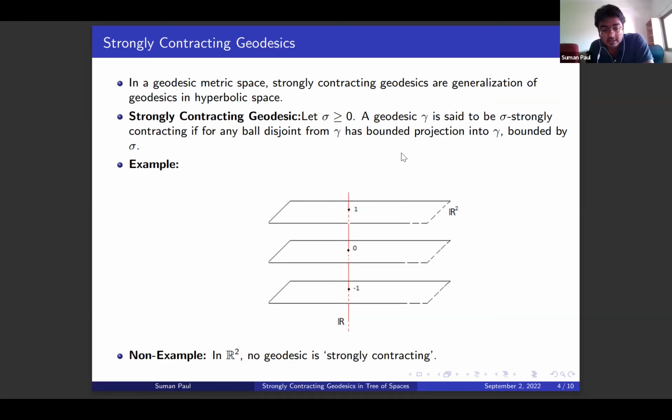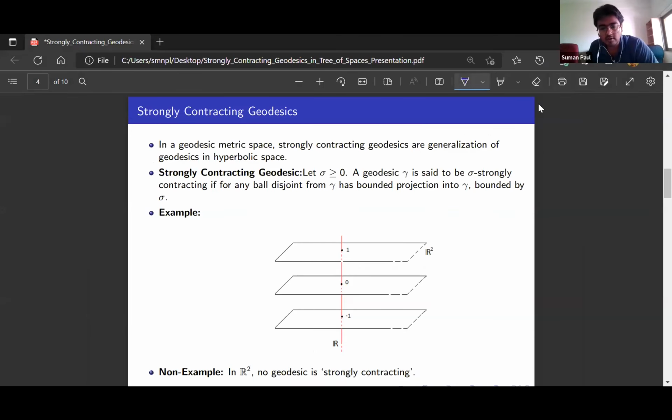But see this red line, this R. This is a strongly contracting geodesic because if I take any ball disjoint from this red line, the projection is just a single point, right? So in that sense, it is zero contracting. So sigma is 0 here. Okay. And then can we get a non-example?